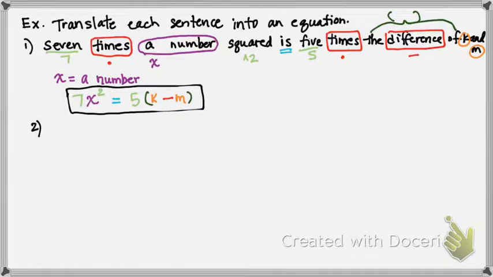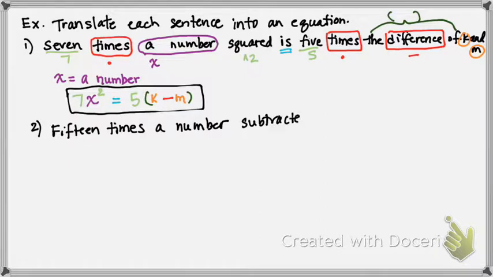So this one we've got 15 times a number subtracted from 80 is 25.